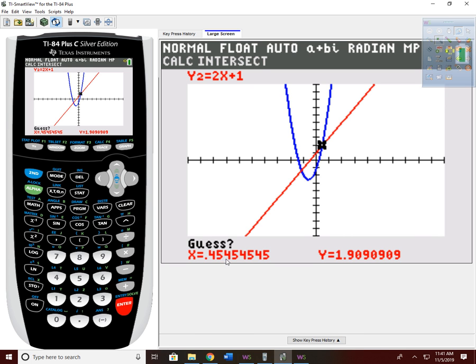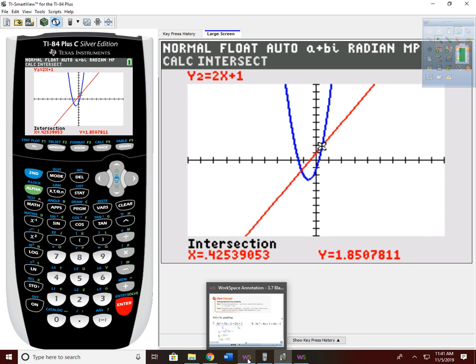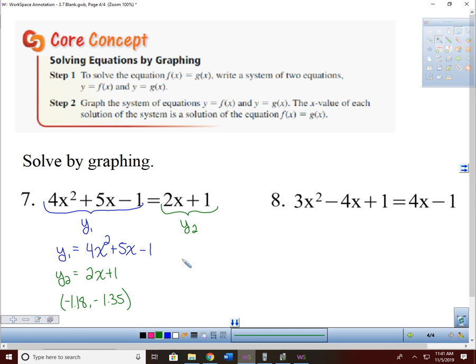I look behind the 2, there's a 5, so I round up to 3. I look behind the 5, there's a 0, so I stay at 5. So I have positive 0.43 and 1.85. And those are my 2 points.